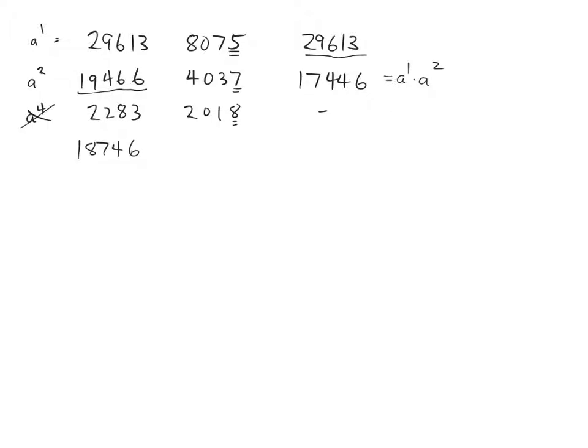Okay, and 2018, I can do that in my head. So that's odd. So finally, because this is odd, this is a to the 8th. So we're coming up with a to the 1, a to the 2, a to the 8th. So far our exponent has added up to 11. This is a long ways from 8075.